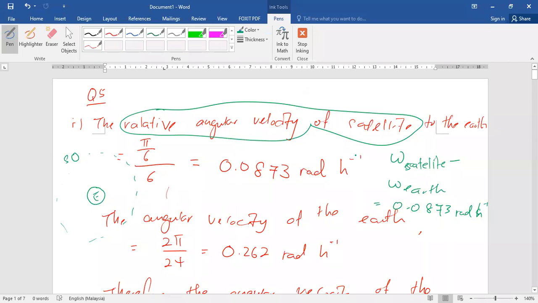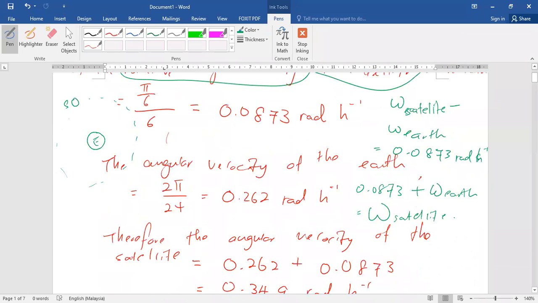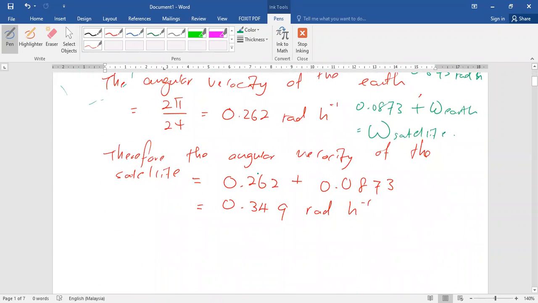So the satellite's angular velocity will be equal to 0.0873 plus the angular velocity of the Earth.